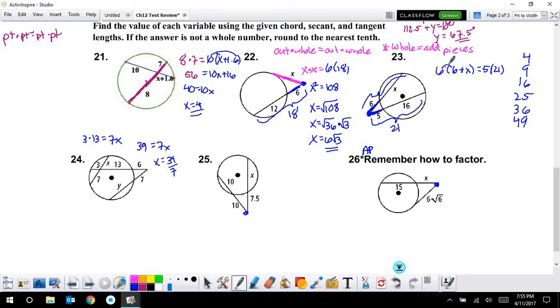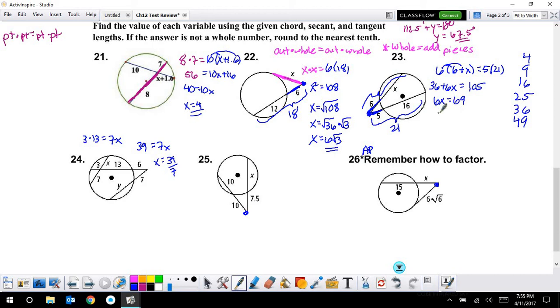So when you go to distribute, 6 times 6 is 36, plus 6x is going to equal 5 times 21, which is 105. So when you subtract 36, you get 6x is going to be, let's see, 69.